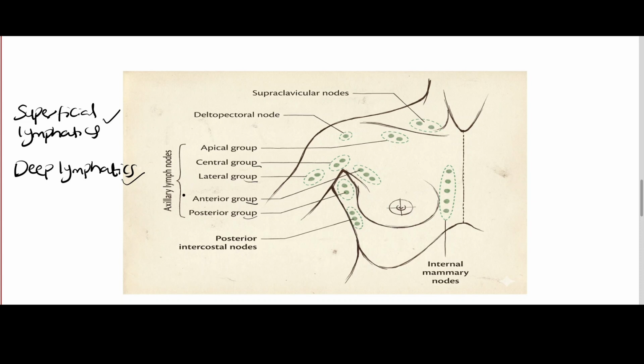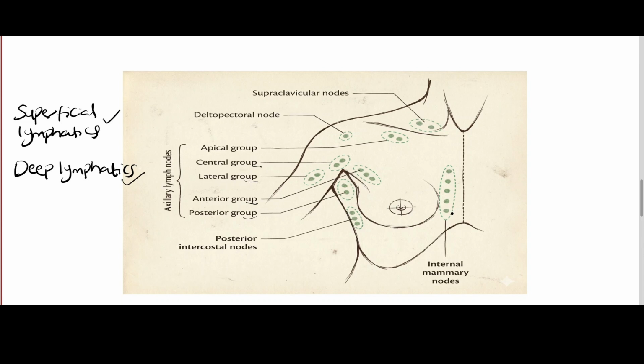So in the axillary group, we have the anterior group, the posterior group, the central group, and the lateral group of lymph nodes. This axillary group of lymph nodes forms the major drainage pathway of the breast.